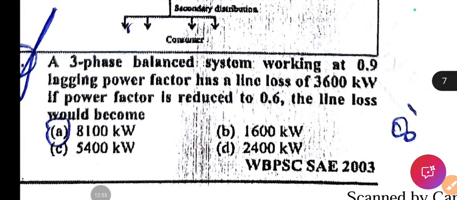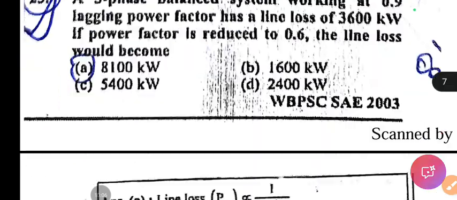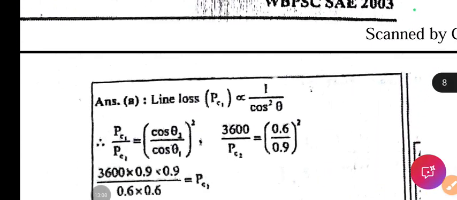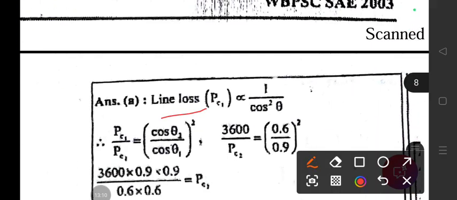A three-phase balanced system working at 0.9 lagging power factor has a line loss of 3600 kilowatt. If the power factor is reduced to 0.6, then what is the line loss? Most important question. See the relation: line loss is proportional to 1 by cos square phi.